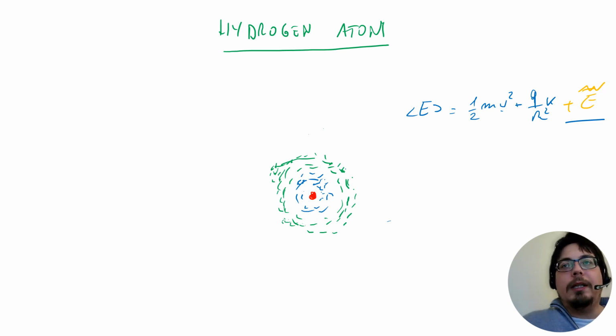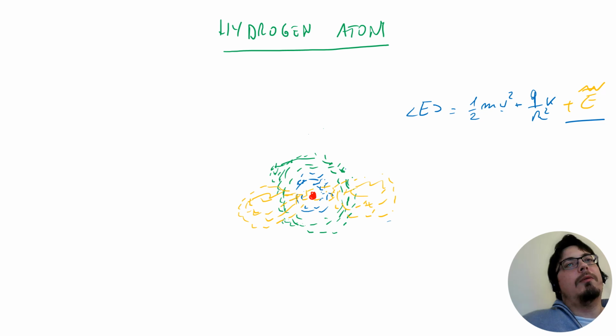But there are other things that could happen. For example, the energy could be given in such a way that the shape of the orbit that the electron would follow would be something like this, which is two lobes around the nucleus.